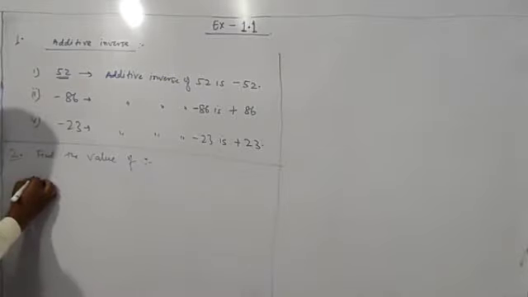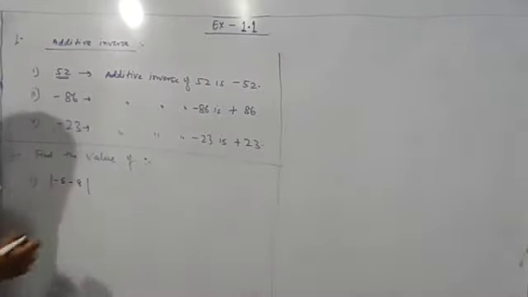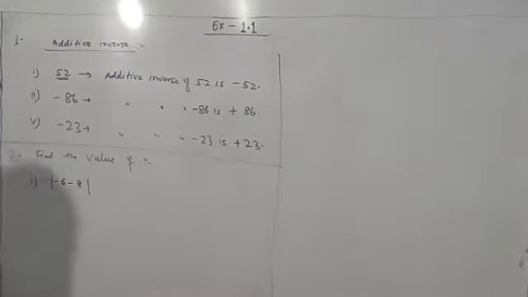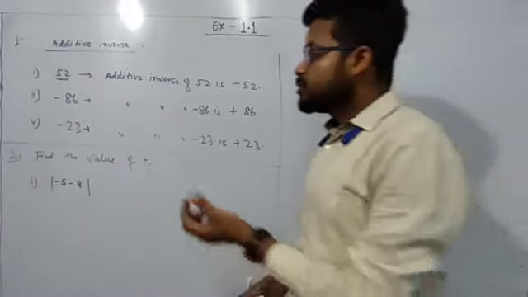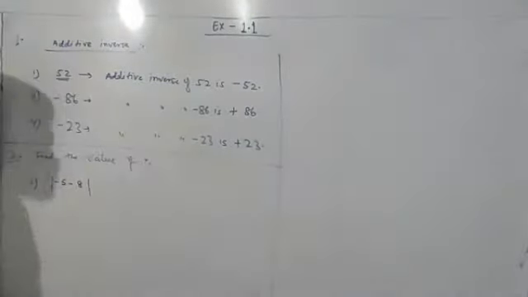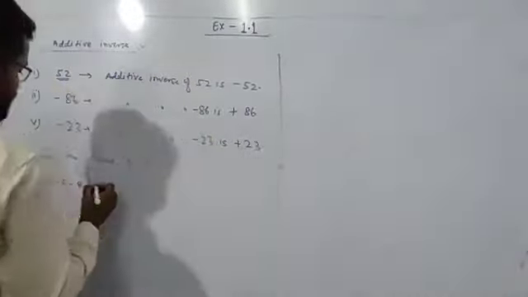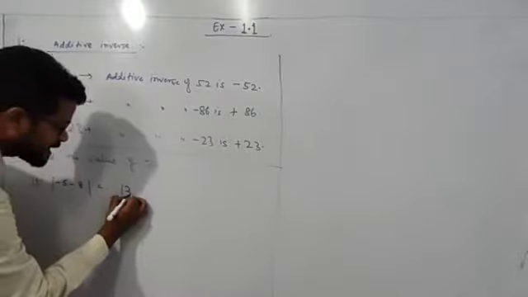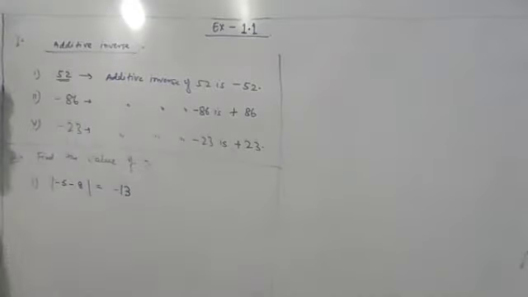The first question is mod of -5 -8. In addition of integers, as I told you, when both integers are positive or both are negative, we simply add the two values. 8 plus 5 is 13, and since the sign is minus, we put the sign here.